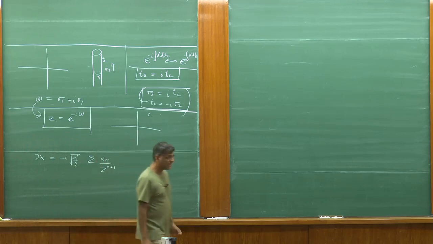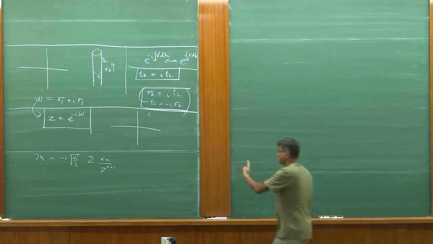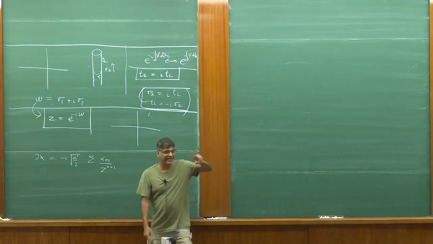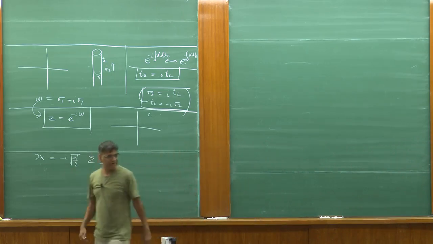The m equals 0 term is made up of some combination of x0 and p0.